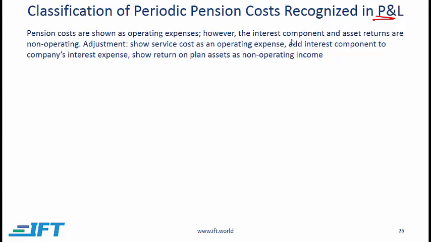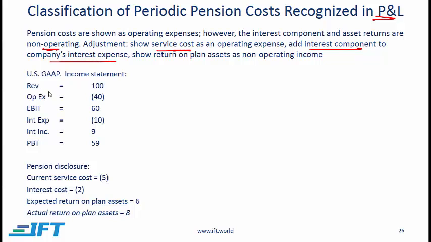However, the interest component and asset returns are non-operating. So we need to make an adjustment. The adjustment is that we should show service cost as an operating expense, and we should add the interest component to the company's interest expense, and we should also show the return on plan assets as a non-operating interest income.